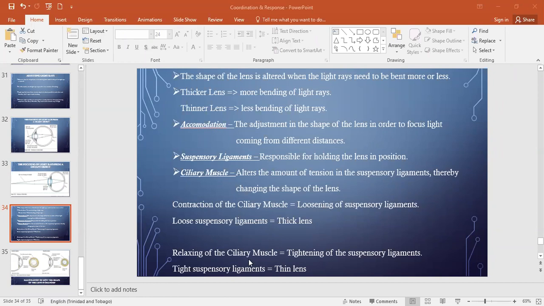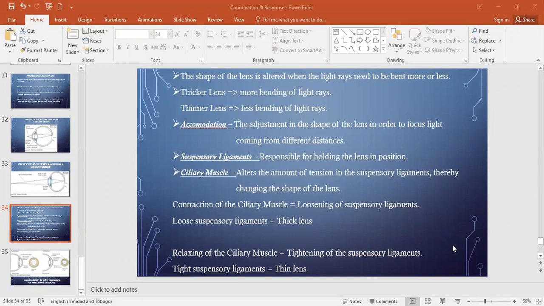So when your ciliary muscles relax, your suspensory ligaments get tighter and your lens becomes thinner. The relaxing of the ciliary muscles tightens your suspensory ligaments, and when they are tightened, it pulls the ligaments up so that your lens could become thinner.